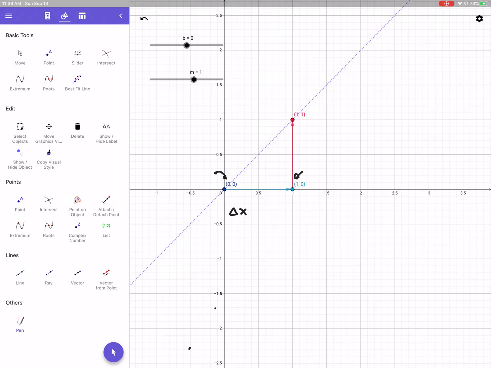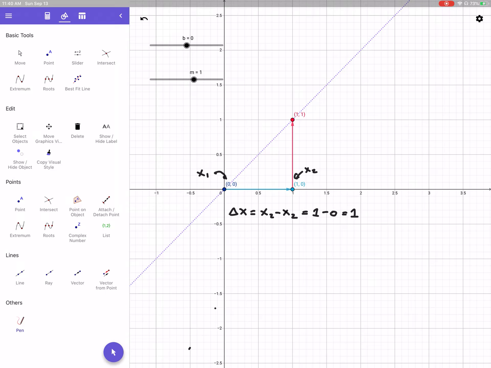So I'm going to call this x sub 2 right now, and I'm going to call this x sub 1. Whoops, I wrote 2, but it should have been 1. So this is actually the difference between two inputs, or horizontal values, which simply means that in the x sub 2 category, we have 1, and in the x sub 1 category of the original point, the origin, we're taking off 0, which just means that we've moved 1 unit positively.